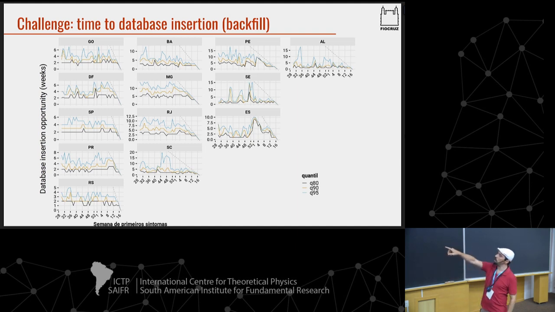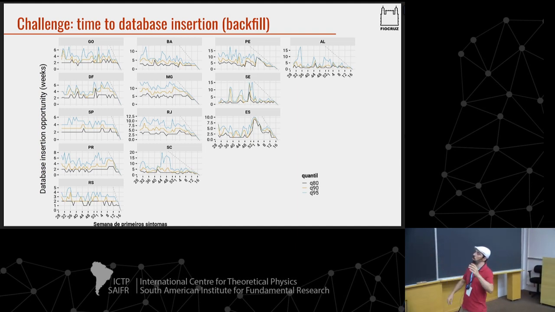Okay, so the x-axis is weeks of symptoms onset. So for every week, all the cases that have been notified for that particular week, the lines show how long it took in terms of epidemiological weeks for us to have in the database 80% of all the cases, the black line.